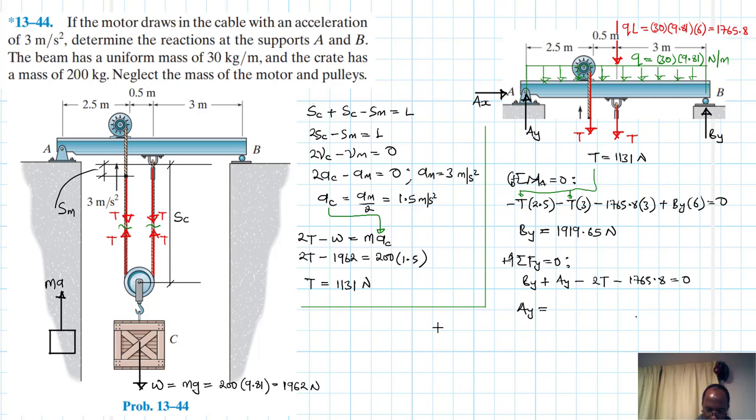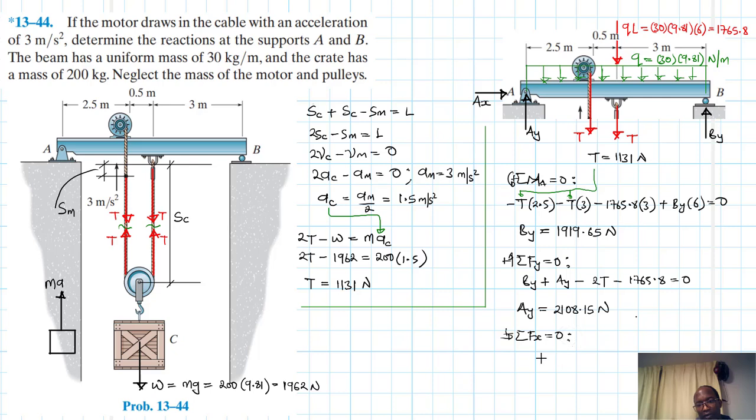So we have 2108.15 newtons. Let me check it again: 1919.65 minus 2 times 1131 minus 1765.8 gives 2108.15.